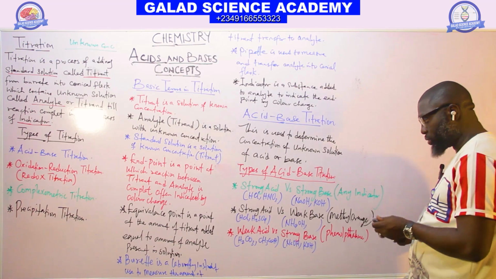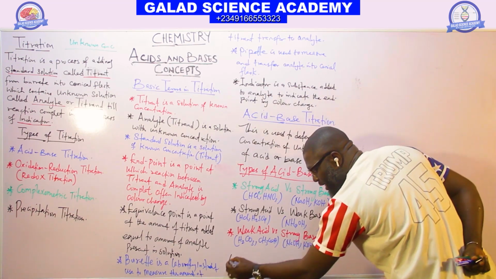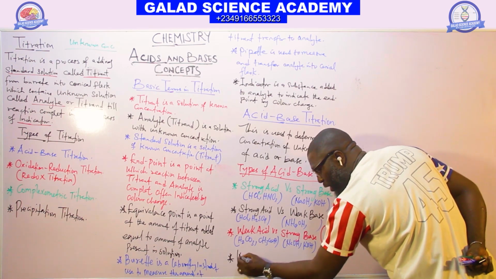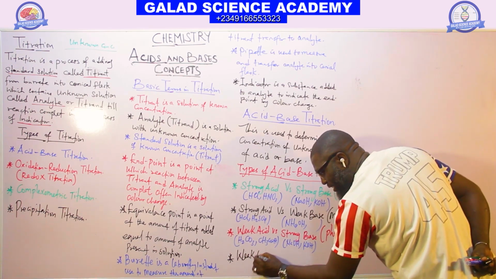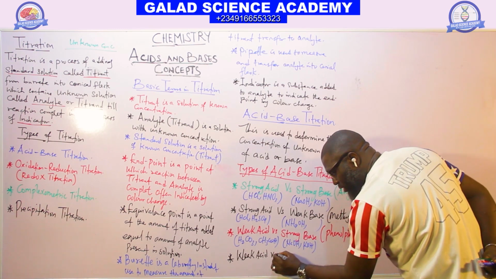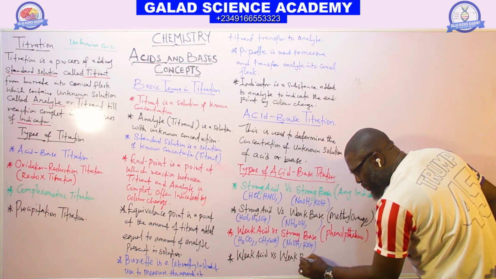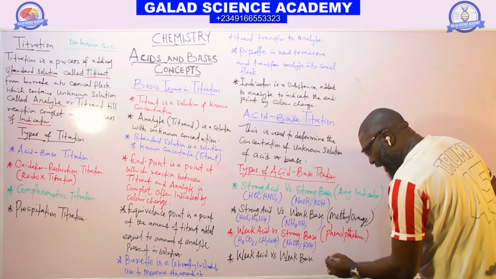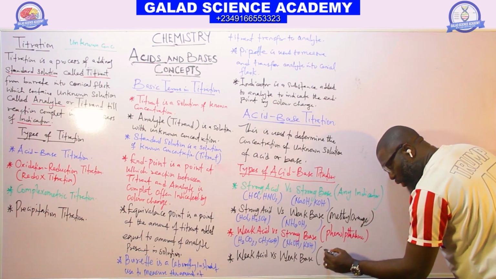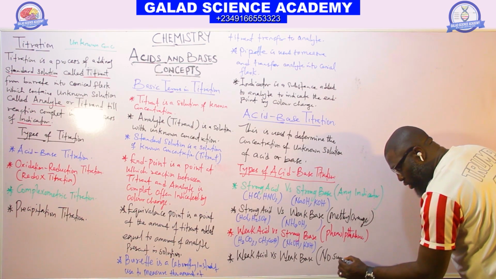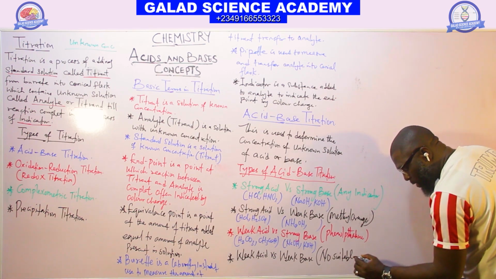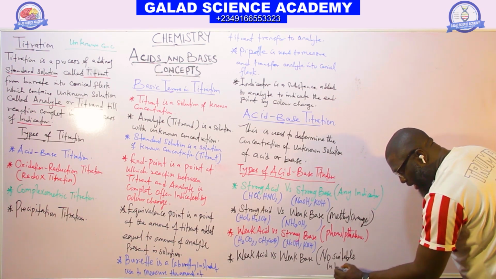And the last one, not the least, is the titration of weak acid versus weak base. For this kind of titration, there is no suitable indicator.